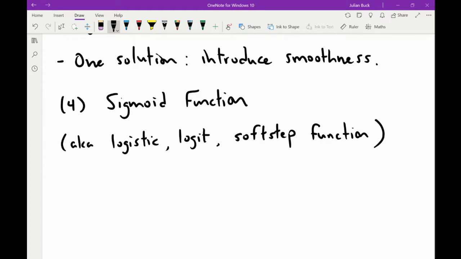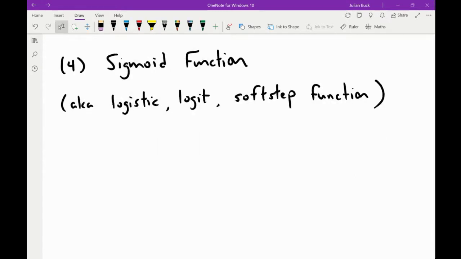And the simplest form of the sigmoid function is as follows. Call it sigma of x. And sigma of x is going to equal 1 over 1 plus e to the negative x, where e is the natural exponential base.